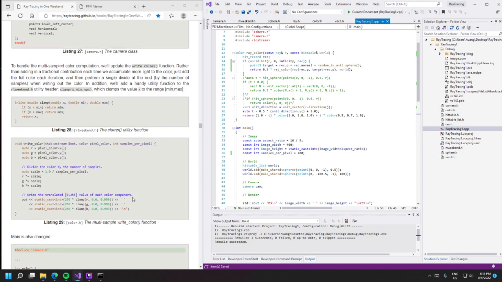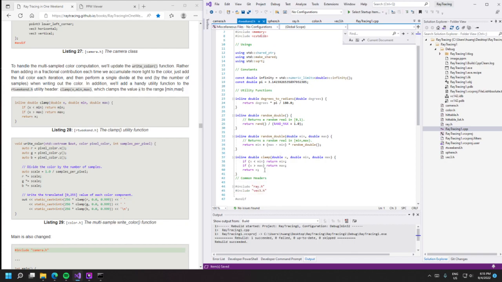Yeah, I'm kind of lost because, let me see, the clamp function is just a way that you force the range for the variable.